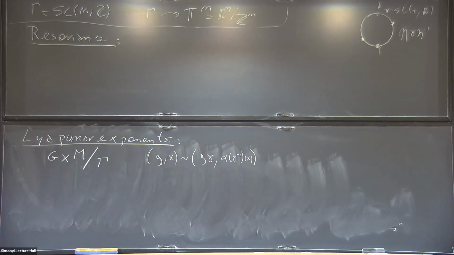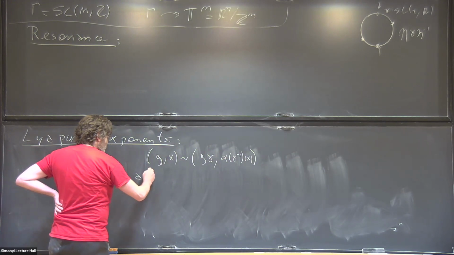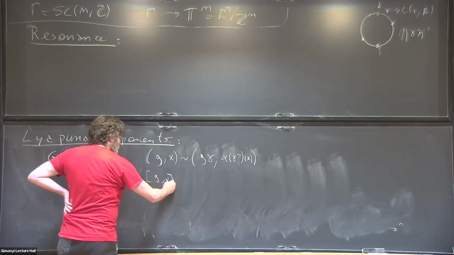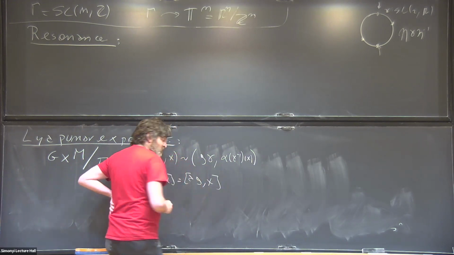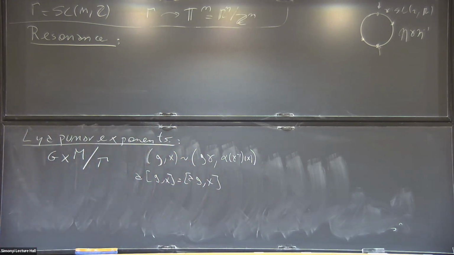You quotient by this relation, and then you can just multiply A times the G coordinate. So you just do this.